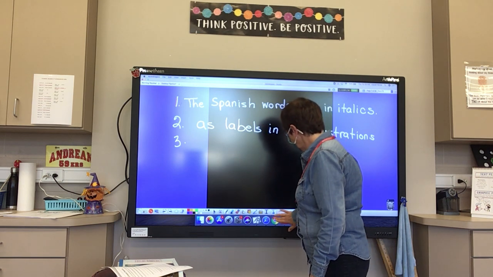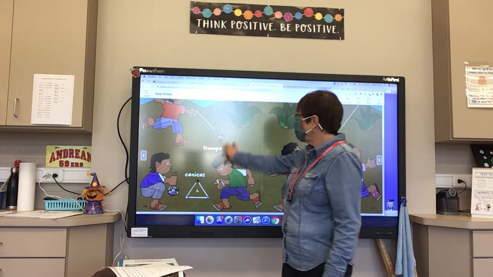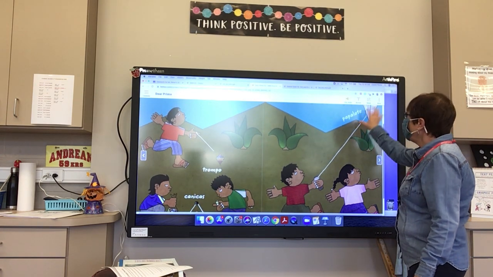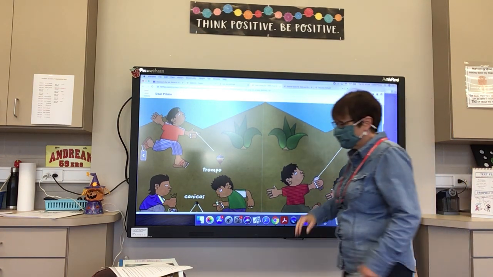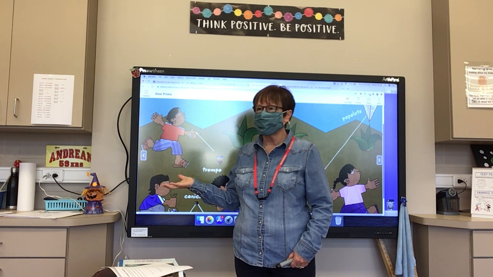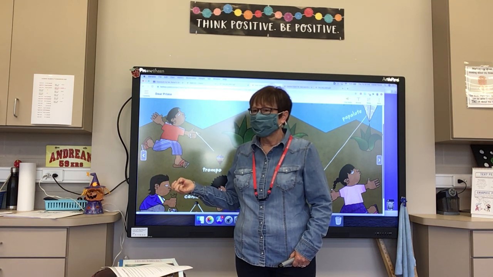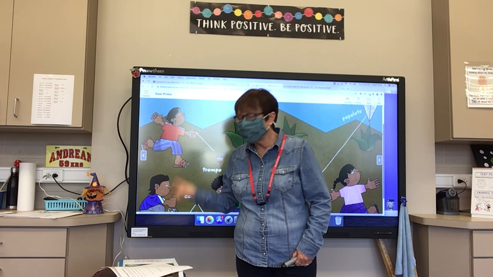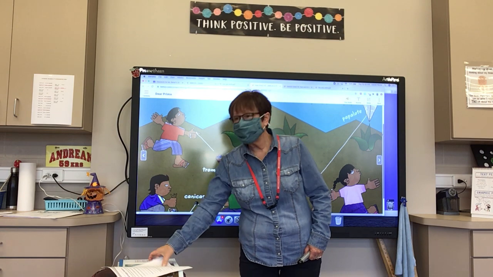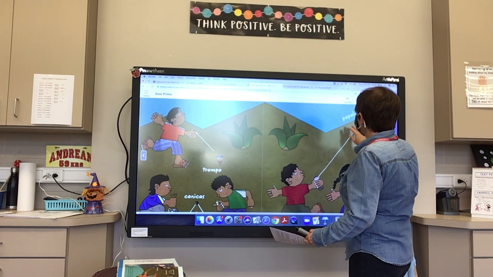So how did these labels on the trompo and the canicas and the papalote help us know the meanings of the Spanish words?